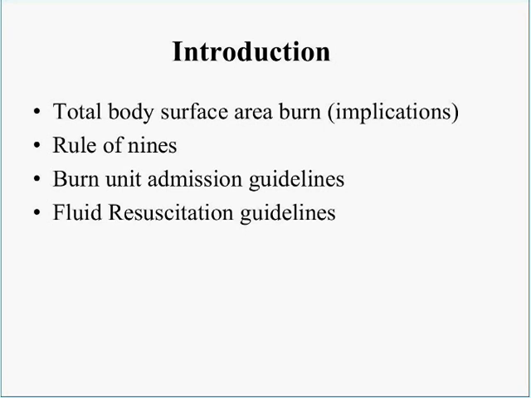What it means is what percentage of the body has been affected by the injury, and certainly this has great implications because the greater the area of the burn, of course, the greater the mortality and/or morbidity of the injury. In order to assess the total body surface area, we use a diagram, or quickly we use the rule of nines that I'm going to show you in another diagram.